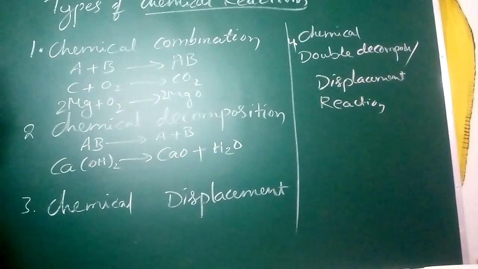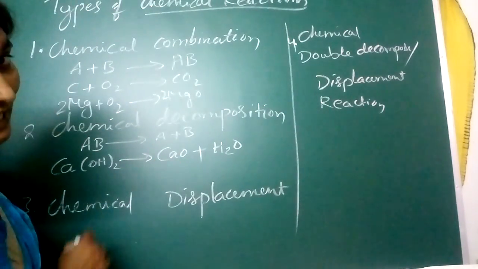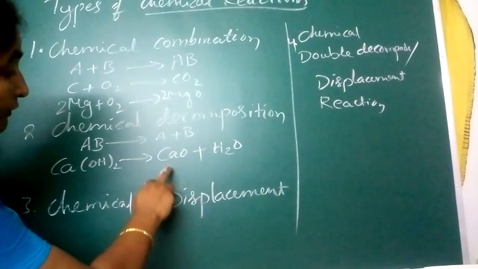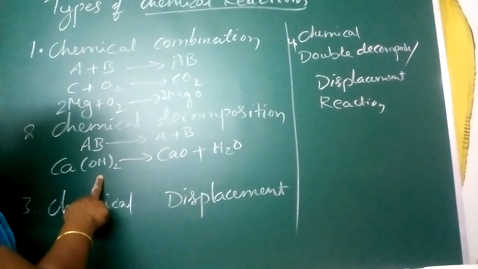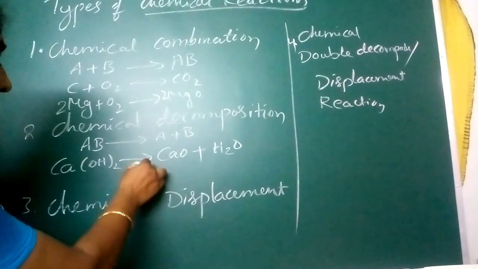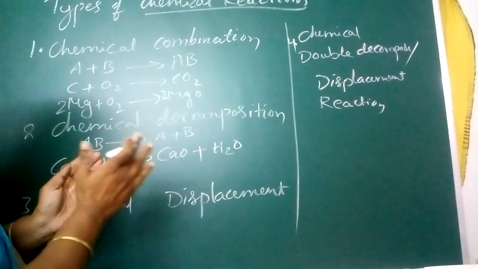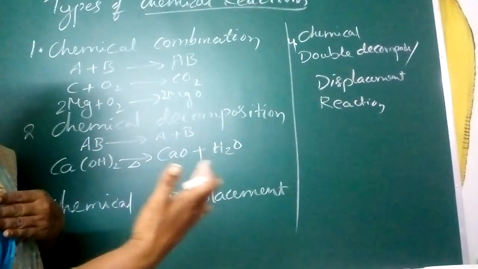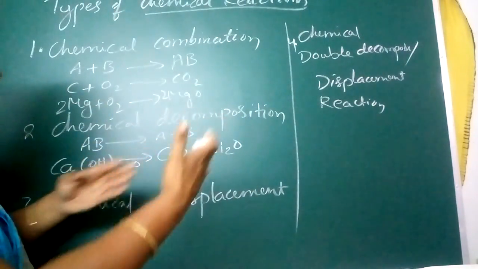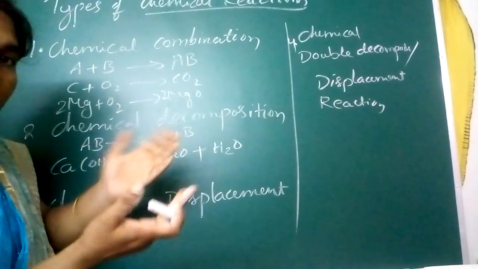CaO is quicklime, which we already discussed in earlier videos. Ca(OH)2 is slaked lime. When it is heated, it splits into CaO and H2O. That means decomposition takes place: one substance decomposes into two or more.